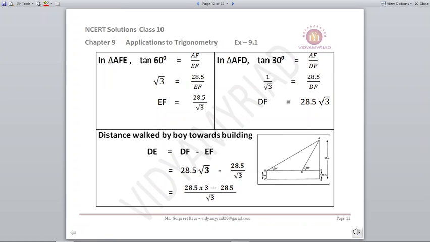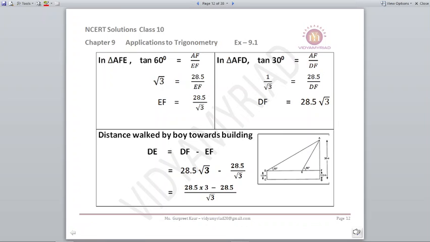Now we want to find the distance the boy traveled towards the building, that means we have to find DE. What is DE and what is the total distance? Total distance is DF.